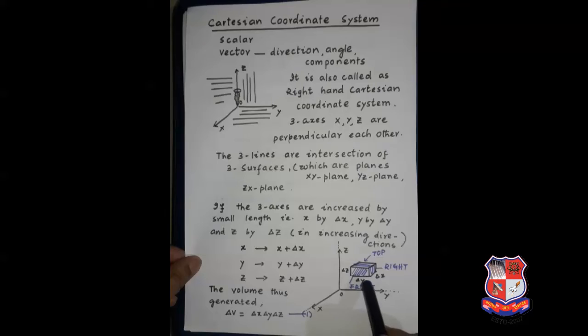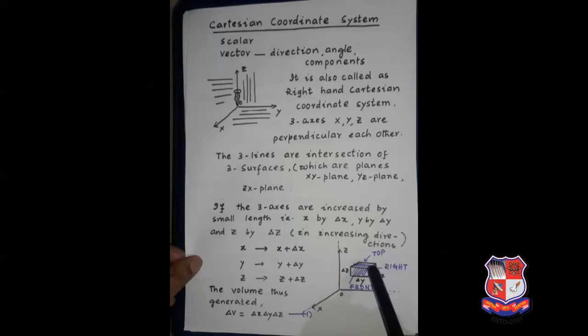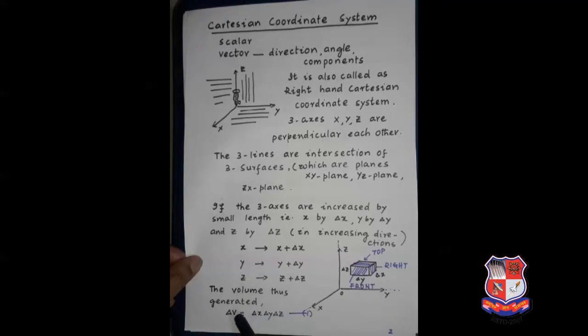Sometimes when you go deeper into the subject, in some cases you will need three-dimensional integration, that is volumetric integration, or in some problems or derivations we will go for surface area integration. So how to write down the equation? As here we have written del V is equal to del x, del y, del z.